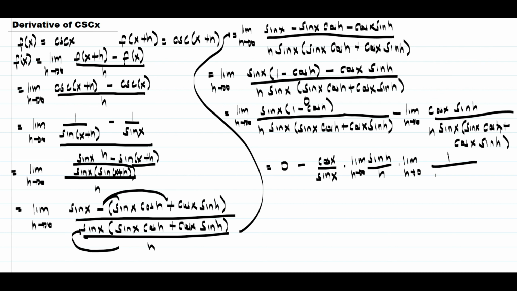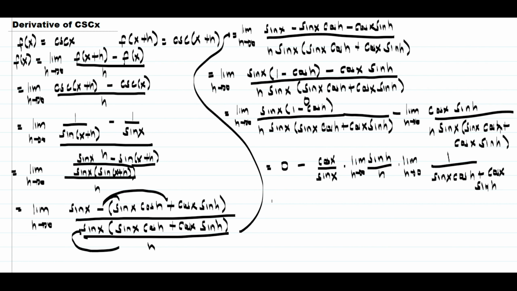And then let us copy the denominator: sine x cosine h plus cosine x sine h. So as you can see, we have cosine x on the numerator times 1, and then we have sine h and this expression.